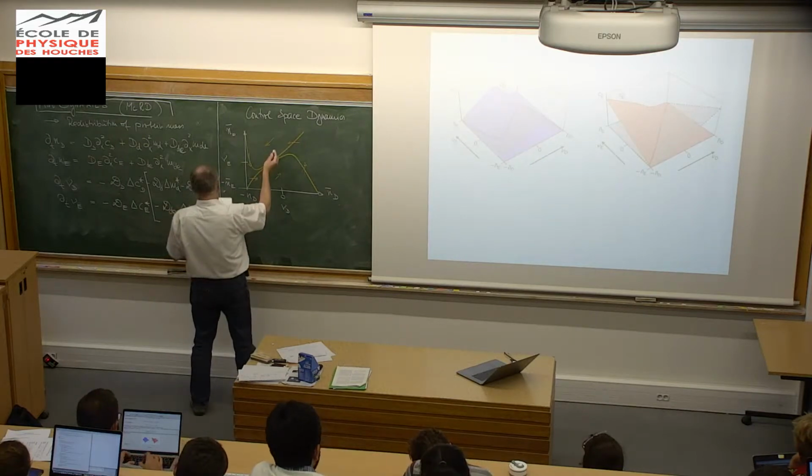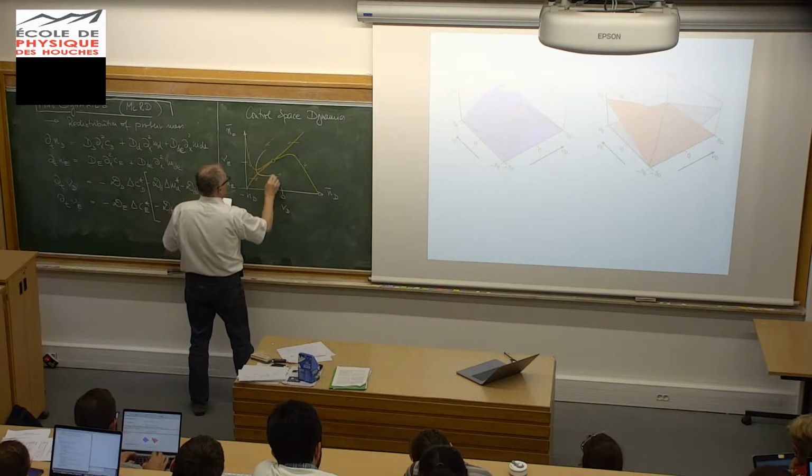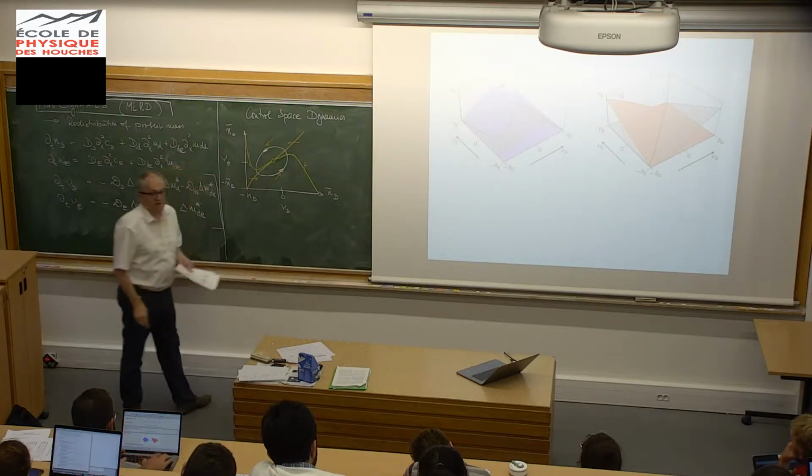So the oscillation will then be, well, I'm not drawing this well, but it's going to be some kind of limit cycle in the control space.